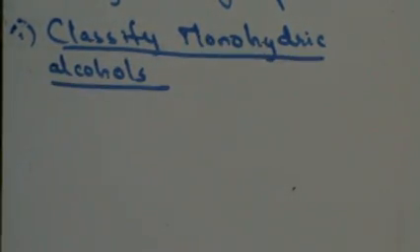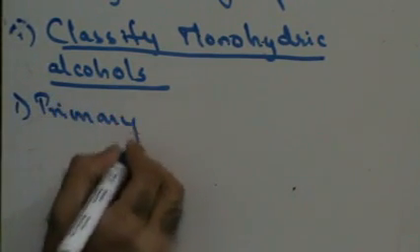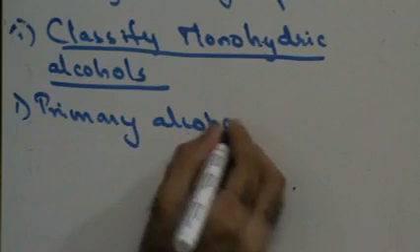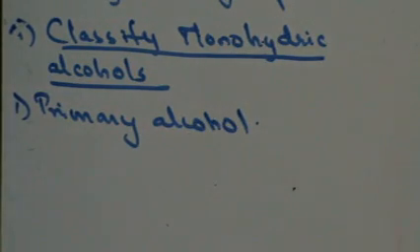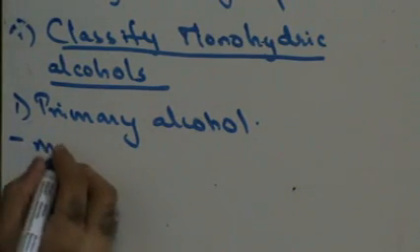Now, monohydric alcohols are further classified as primary, secondary and tertiary alcohols. What are primary alcohols? Primary alcohols are those monohydric alcohols that have a hydroxyl group attached to the primary carbon atom.